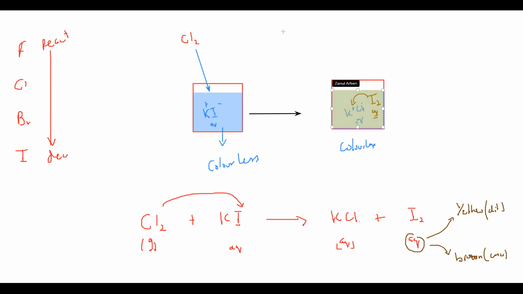So what is the observation when this reaction occurs? We'll observe that the colorless solution turns yellow or, acceptably, brown, because yellow is when it is dilute and brown is when too much iodine is formed. So it depends on the amount of iodine formed in the solution. Is it clear?